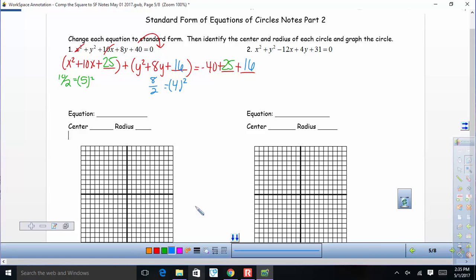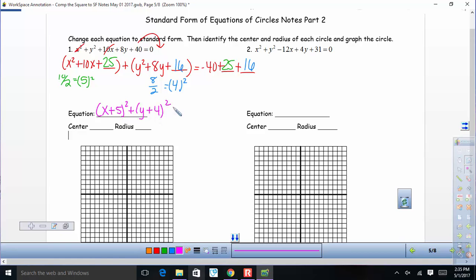So when I write my equation, that gives me x, and then what goes in the parentheses with x? Plus 5 squared, plus, and then we put y. What's in the parentheses with y?